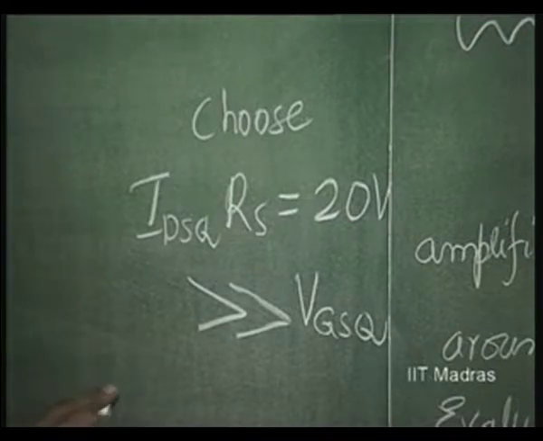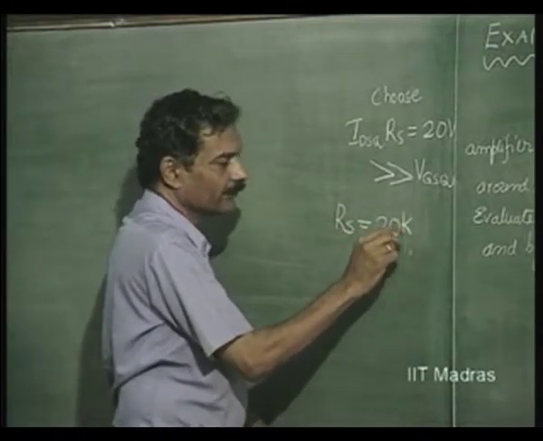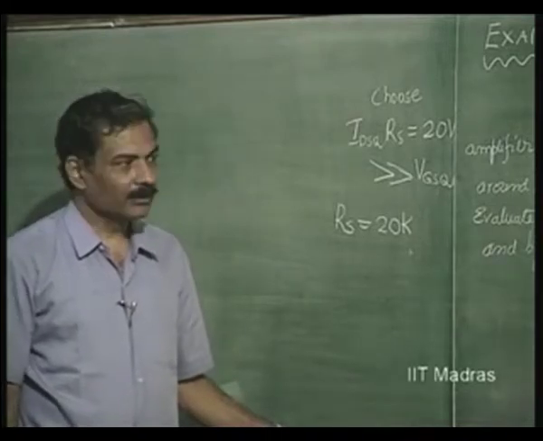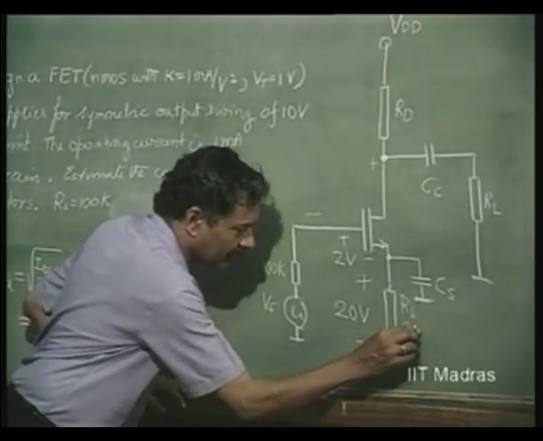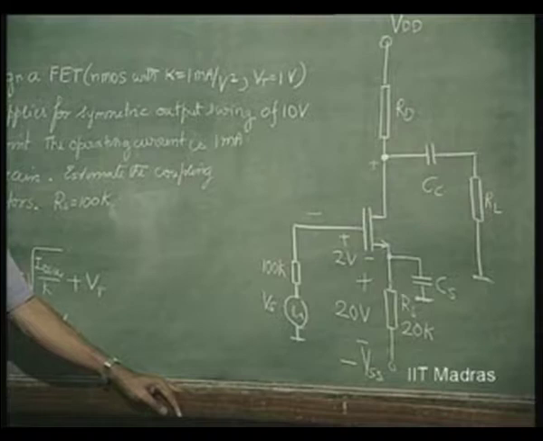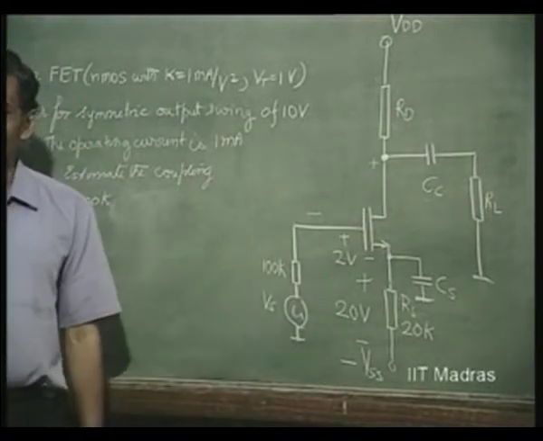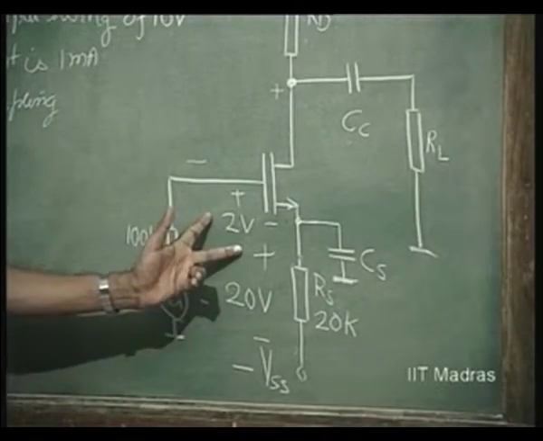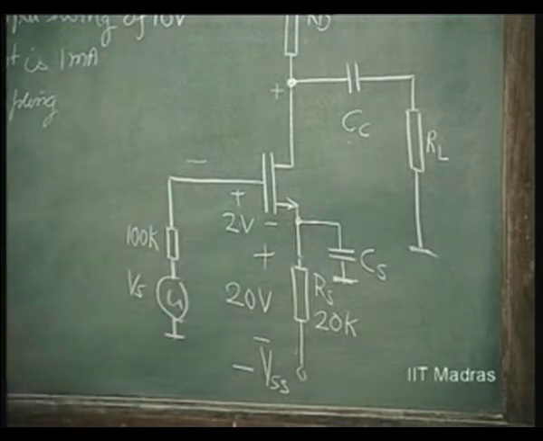So, RS therefore becomes equal to 20K because IDSQ is 1 milliampere. So, RS is now fixed at 20K. If RS is 20K and this is 20 volts, VESS is automatically fixed at 20 plus 2 volts, that is 22 volts. So, this is 22 volts.